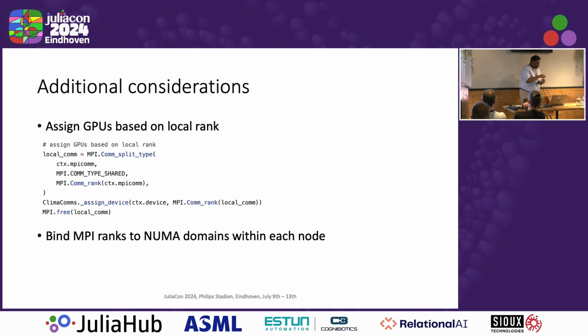So we need to make sure each local MPI process picks up a different GPU on the node. And then we also need to bind MPI ranks to NUMA domains. When you assign multiple threads to a GPU, we need to bind the CPU threads in the NUMA domain to this GPU, otherwise it can be inefficient.